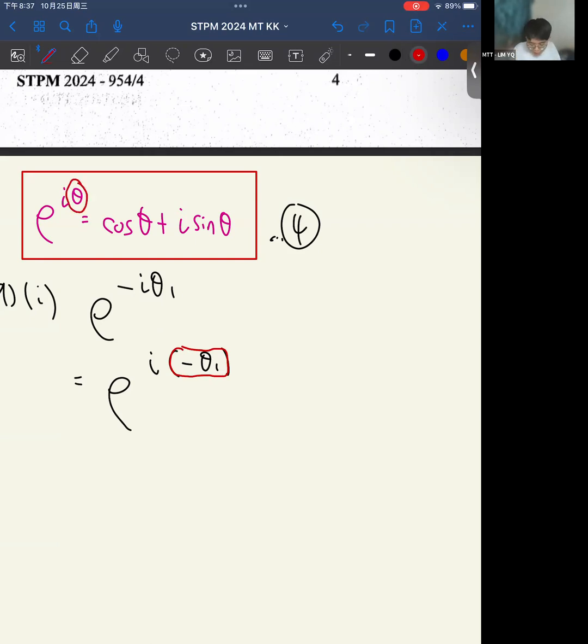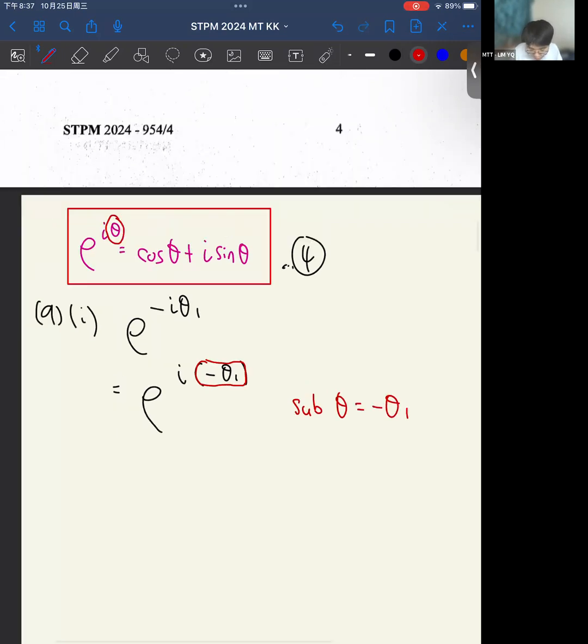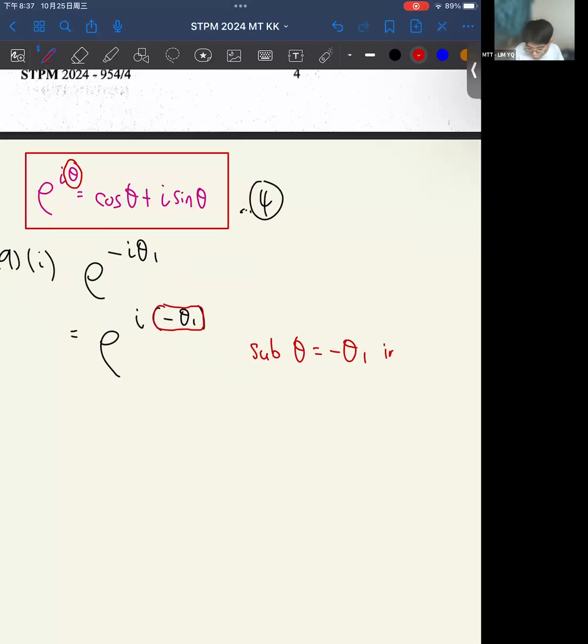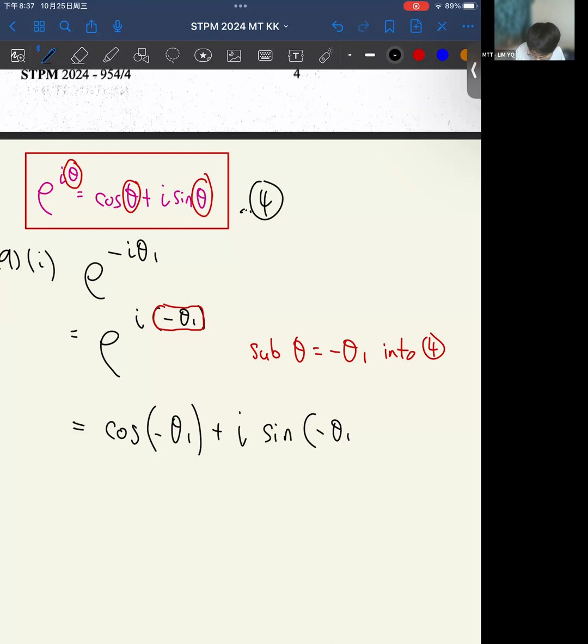Meaning that we just substitute your theta in equation 4 as negative theta 1. So all the theta become negative theta 1. So cos negative theta 1 plus i sine negative theta 1, like this. This is the thing that has already changed.